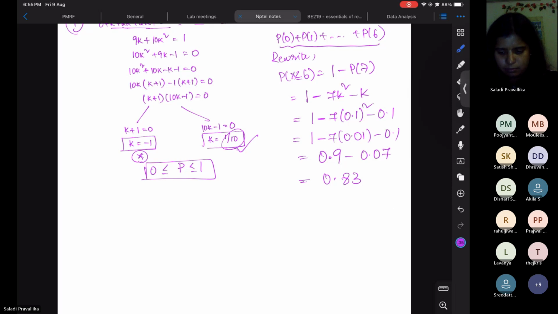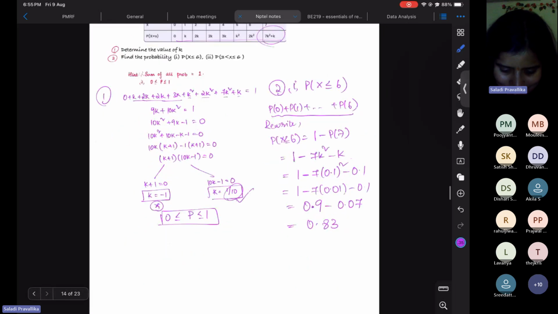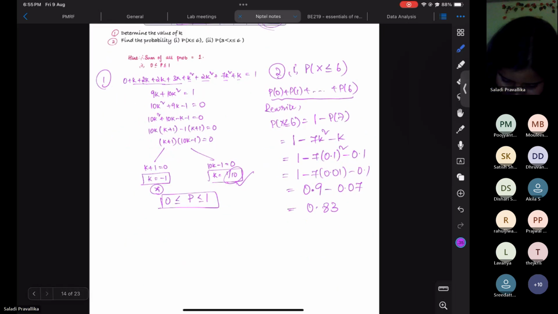The first one is 0.83, unless I have made some calculation mistake. If I did a calculation mistake, I'm sorry beforehand. Okay, this is the first part. For the second part, P of 3 less than x less than or equal to 6 is equal to P of x lying between 3 and 6, but not including 3, right? P of 4 plus P of 5 plus P of 6.